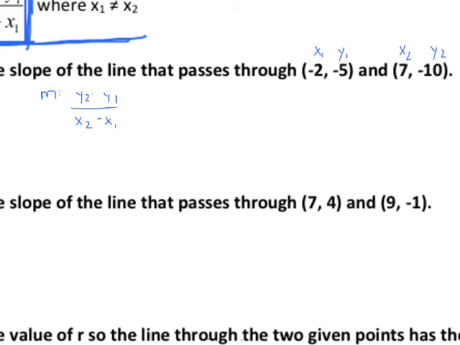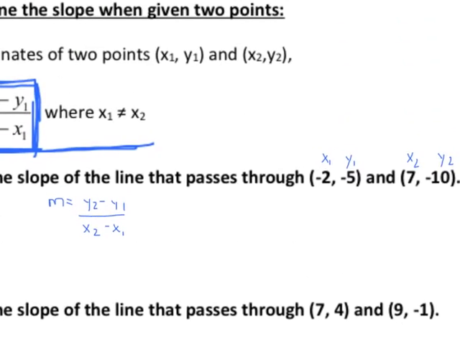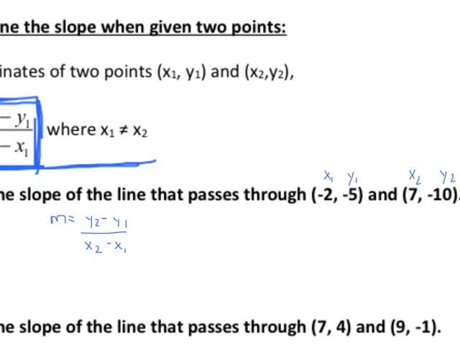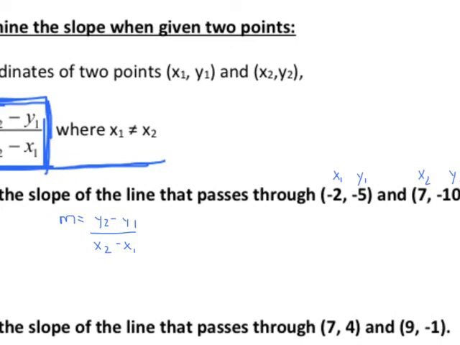So now what we got to do is substitute in the values that we need. So here we go. You've got y2, which is -10, minus y1, which is -5, over x2, which is 7, minus x1, which is -2.